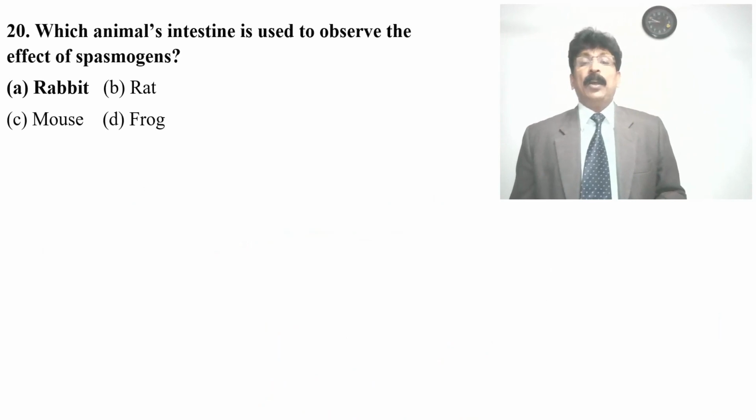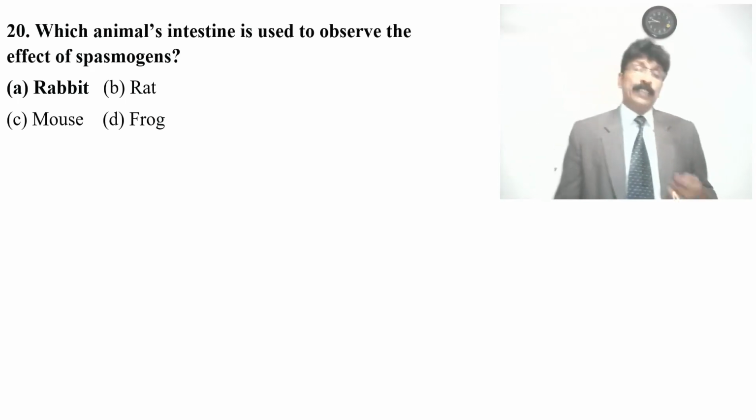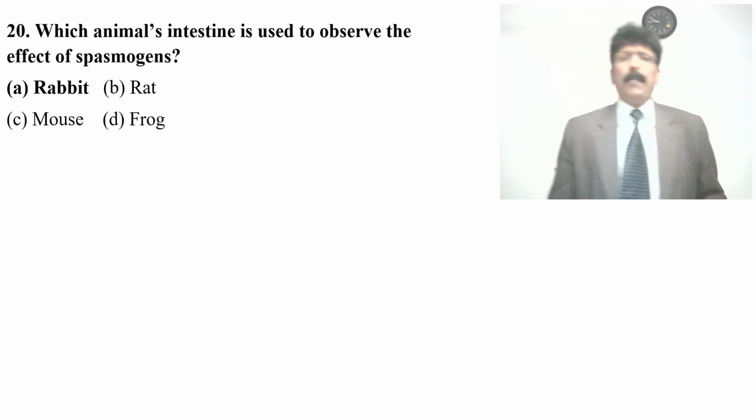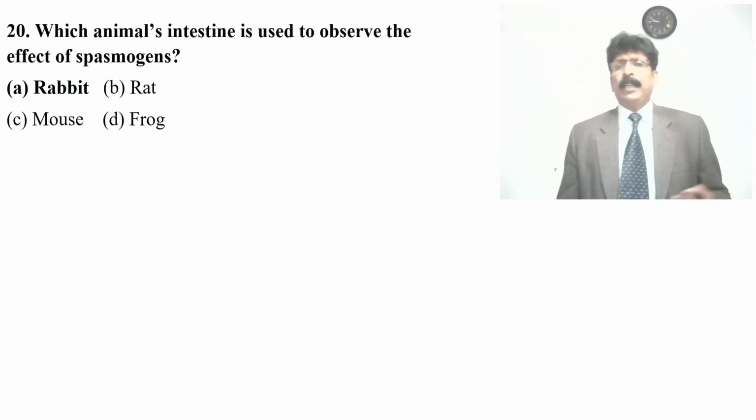Which animal's intestine is used to observe the effect of spasmogens? Spasmogens means spasm. The animal choices are rabbit, rat, mouse, and frog.